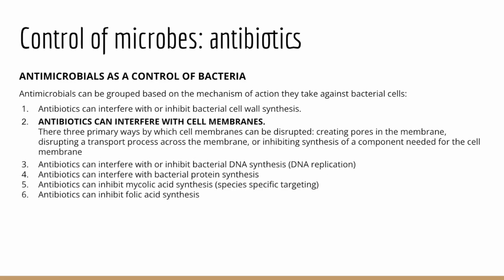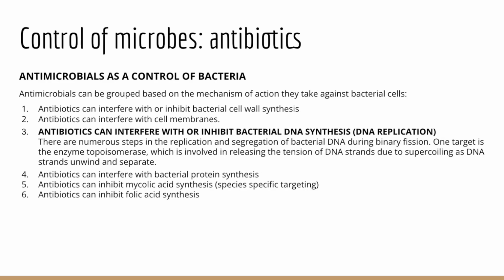Next up, we have antibiotics that can interfere with cell membranes. Some antibacterial drugs disrupt cell membranes of target cells, often by forming a channel through the membrane, damaging cell membrane integrity, by disrupting a transport process across the cell membrane, or otherwise inhibiting the synthesis of some kind of component that's necessary for the cell membrane to remain intact.